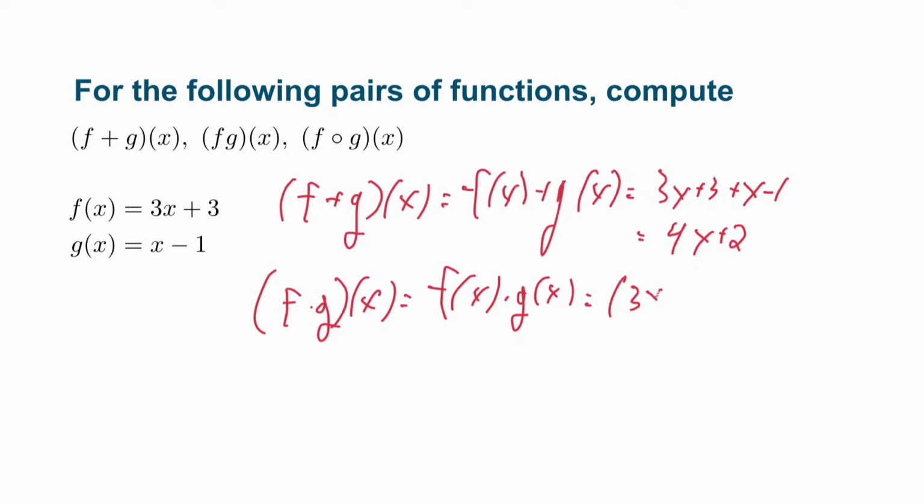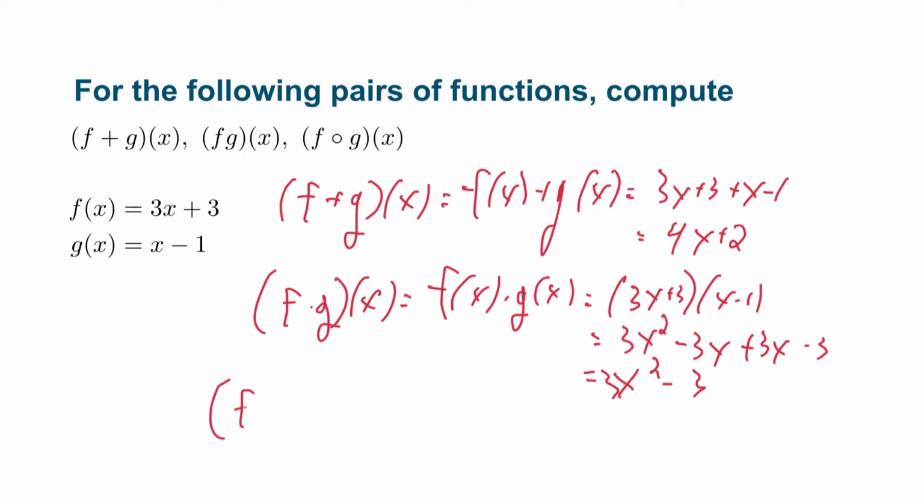So 3x plus 3 times x minus 1: 3x squared minus 3x plus 3x minus 3. So 3x squared minus 3.